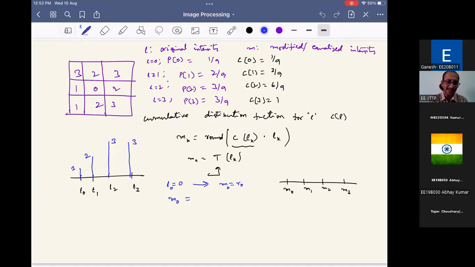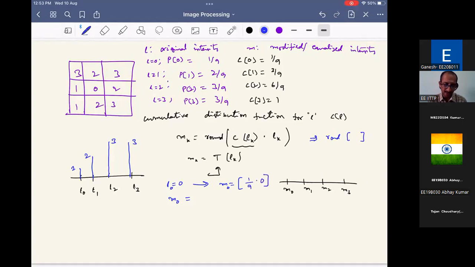So round, I will just say, how do we represent this? We represent the round operation by this. I think ceil and floor are usually represented similarly. Round, let's put it like this. So then how much? 0 into LK into C of LK, or C of LK into LK, it's up to us. 1 by 9 into 0.